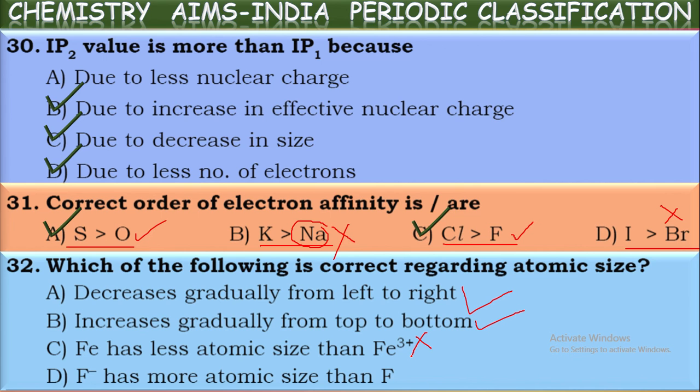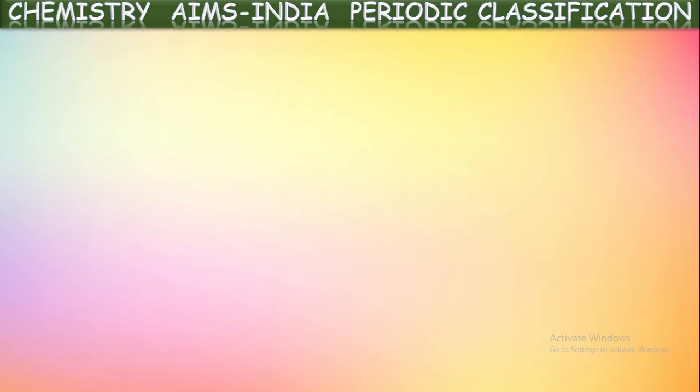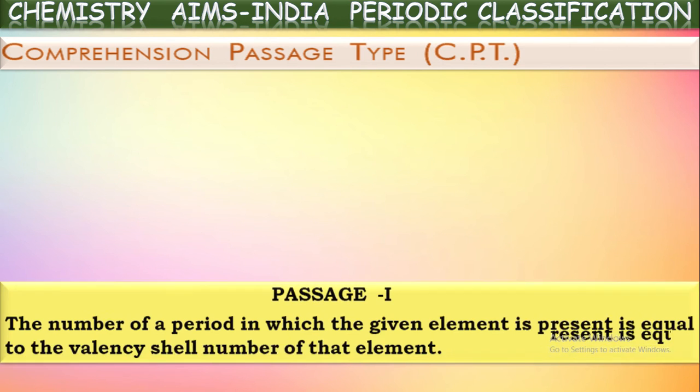To overcome the repulsions, the size of the outermost orbital bulges a little. Electrons move a little away from the nucleus to minimize the repulsions between them, and hence size will increase. So F minus has greater size than F. So this is also a correct statement. Now what will be the correct answer for this question? A, B, D. Right?